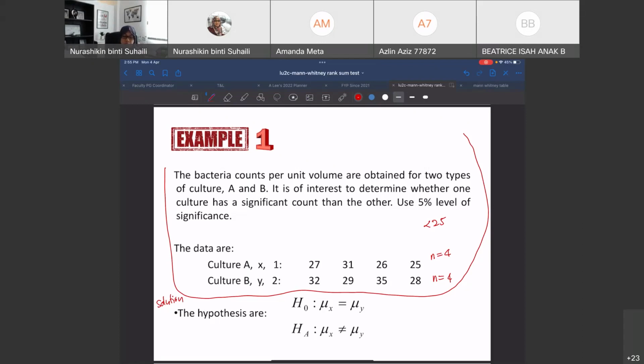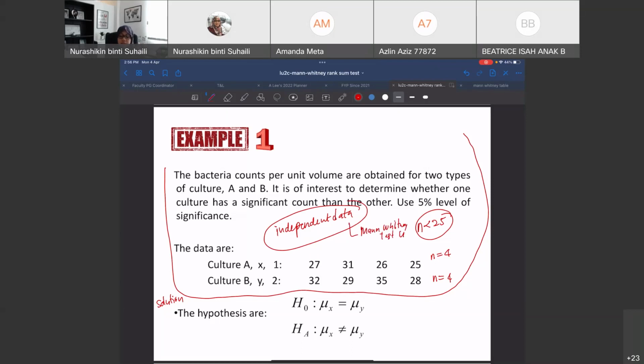So that's how you know that the data are independent. That's another thing that you have to know by yourself. So n is less than 25, the data are independent, and it involves two samples. From there, you know that you have to use the Mann Whitney test, or U test.